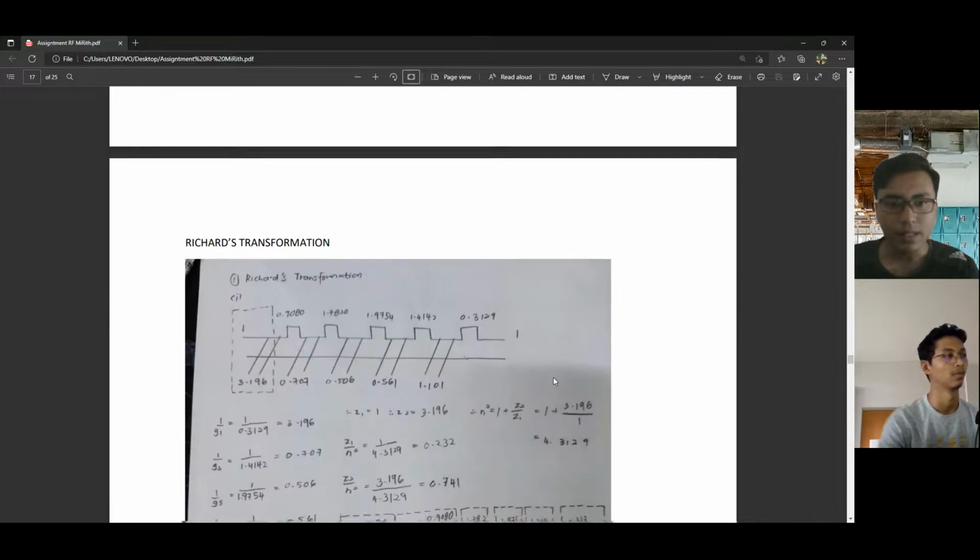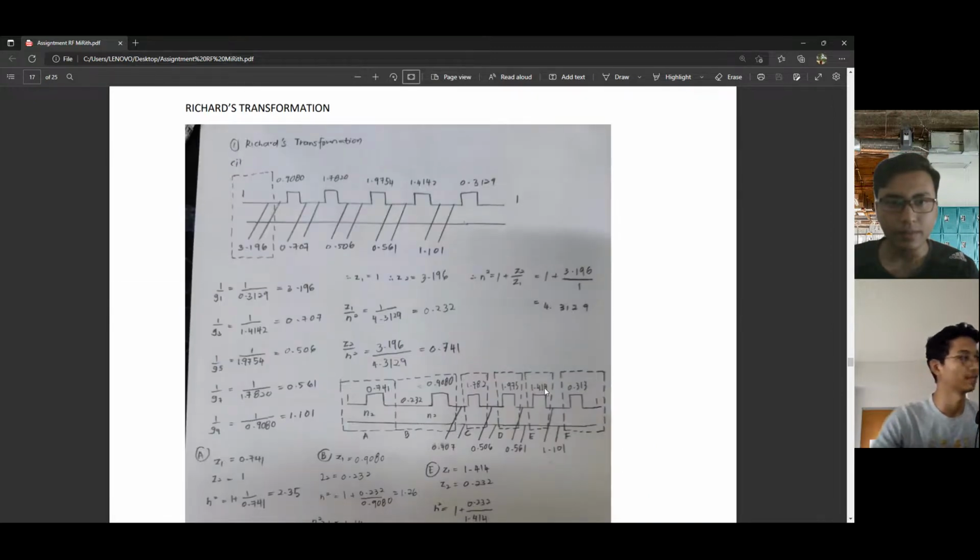Next, for the next part, the Richards transformation. Firstly, from the circuit that we created, we need to transform the circuit using Richards transformation.